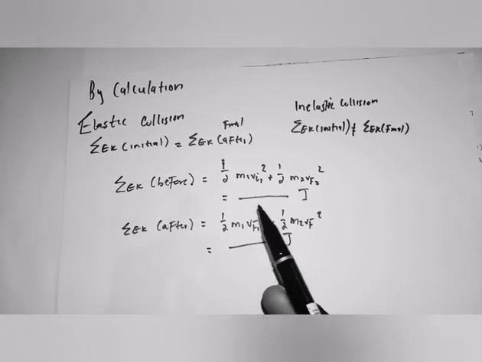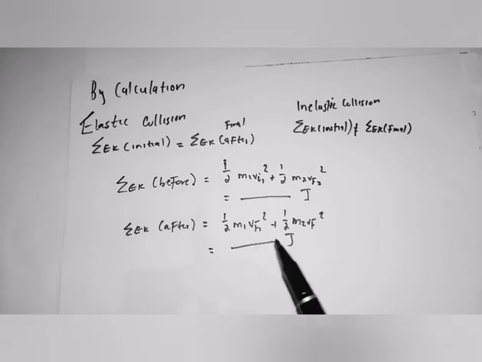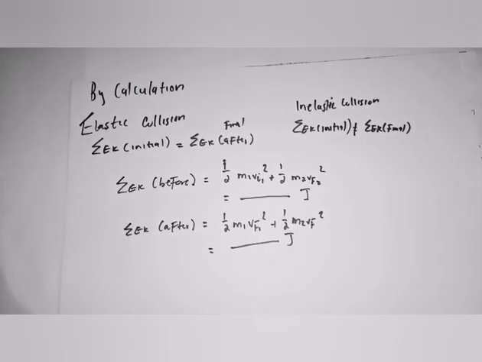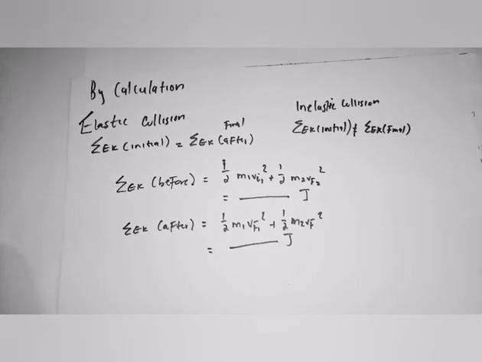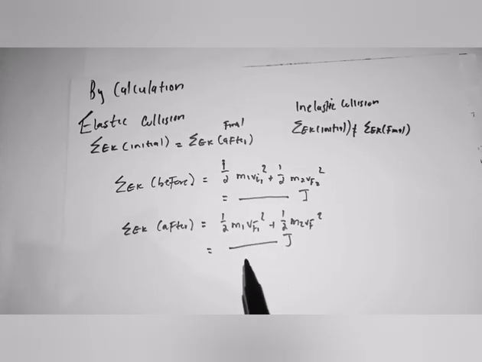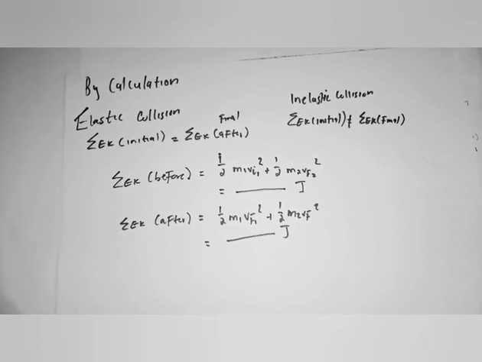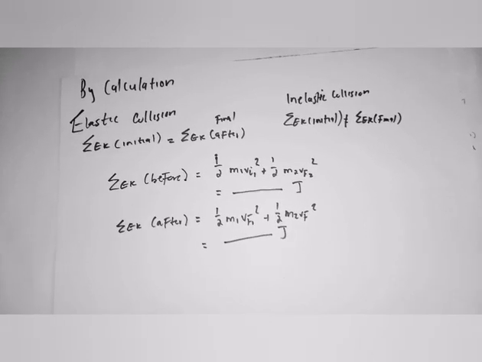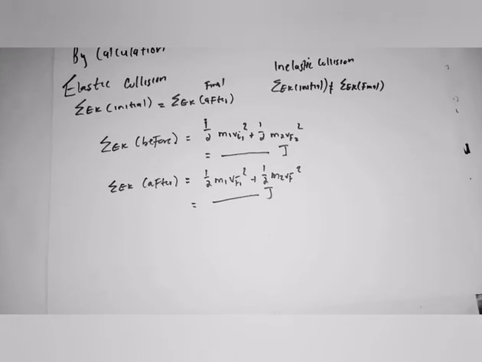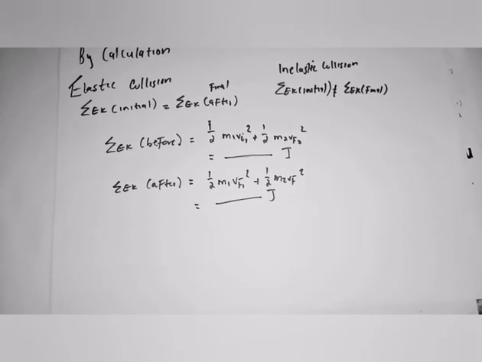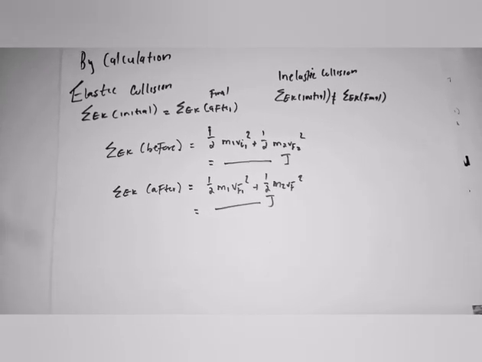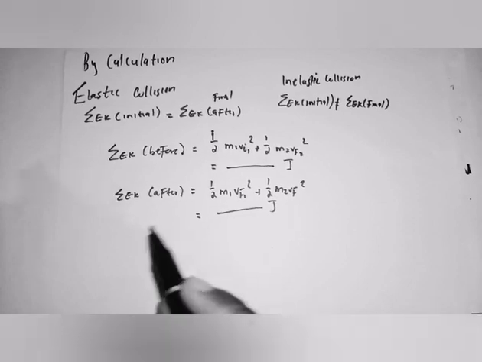Now after you've done that, if you get 20 here and here you get 20, it means that the collision is elastic. But if you get 20 here and here you get 10, it means that the collision is inelastic, because the kinetic energy before and the kinetic energy after is not common. Don't know if you understand that. But let me write this.